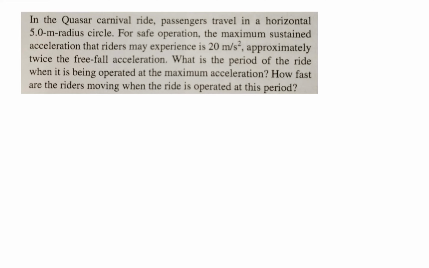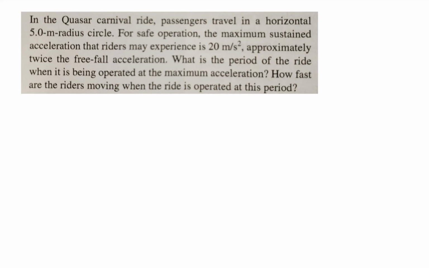We're moving at a constant speed around the circle. We're feeling a centripetal acceleration here. And then how fast are the riders moving when the ride is operating at this period? So we got to figure out the period, and we got to figure out the speed that the riders are moving. So 2 parts.